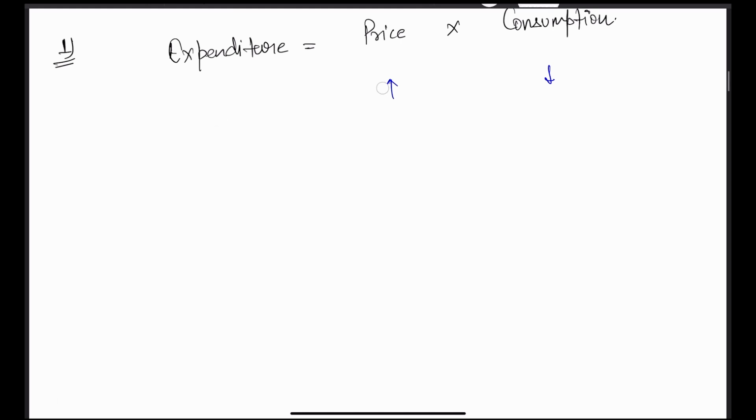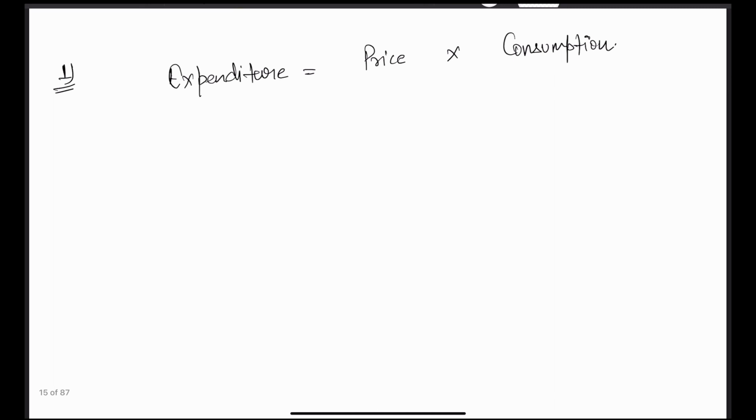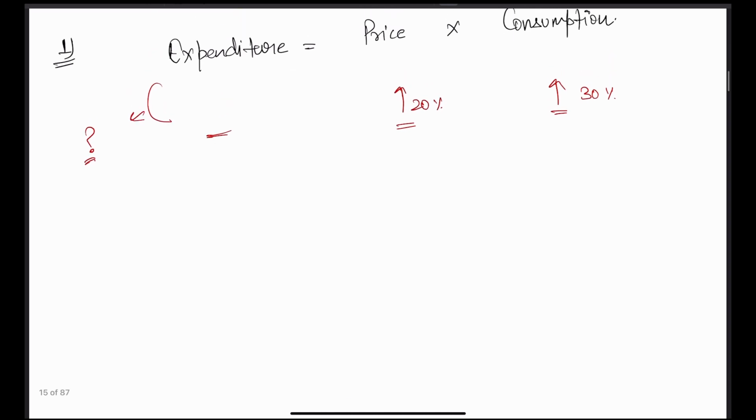But if someone says that this time there is no constant on the expenditure, and my price is also increasing and my consumption is also increasing, they might ask, tell me what is the change in expenditure. Suppose that price is increased by 20% and the consumption is increased by 30%. So again, the same thing what we earlier used to do.